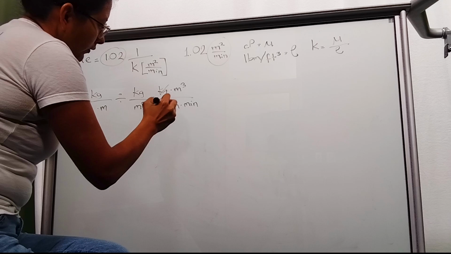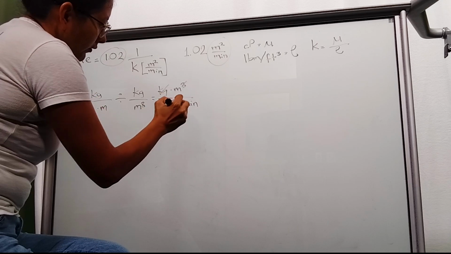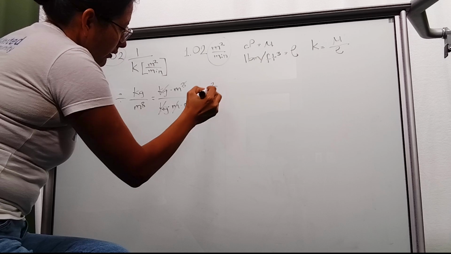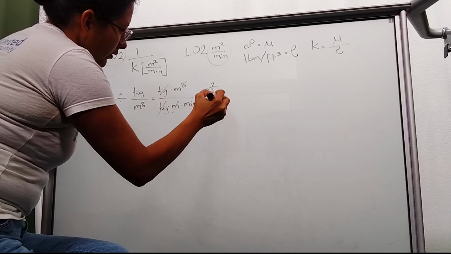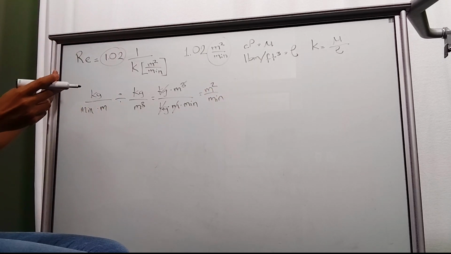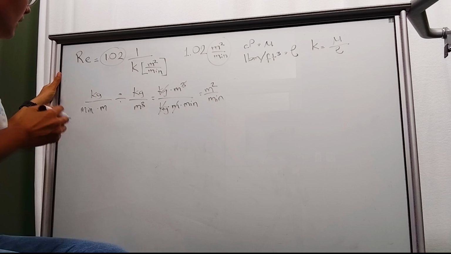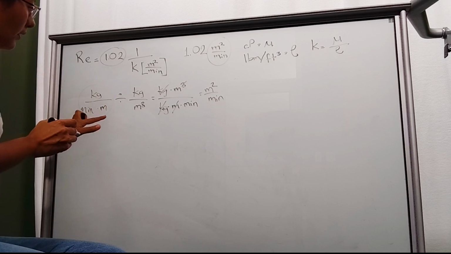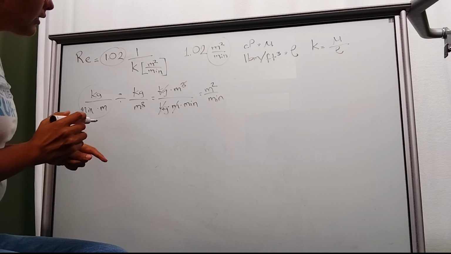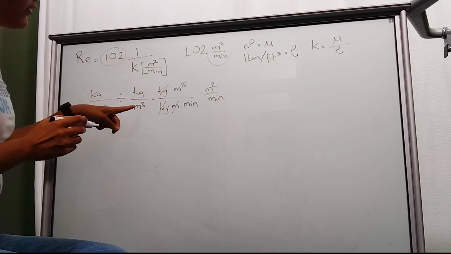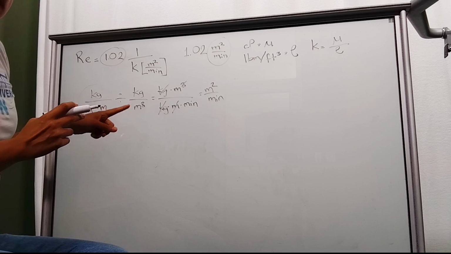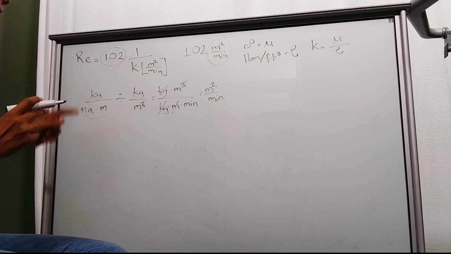So kilograms go with kilograms, the cubic meter goes with this, and the answer will be square meters per minute. So now we know that the original units for the viscosity are kilograms per minute per meter, and that the original units for density are kilograms per cubic meter. So these are all the starting units, okay?